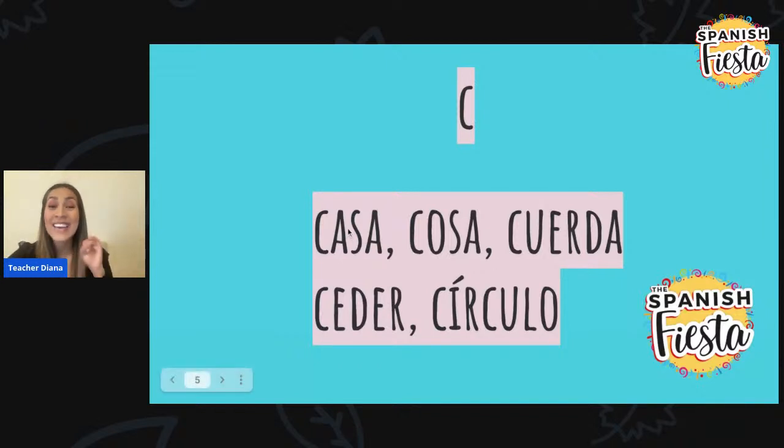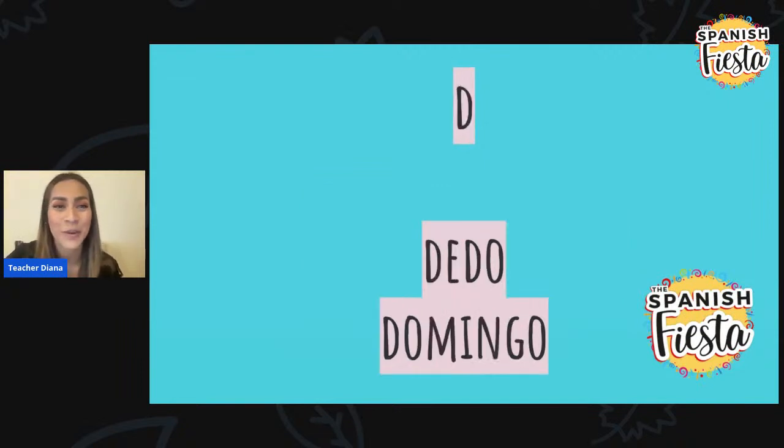So we have casa, cosa, cuerda, okay? Casa, house, cosa, thing, cuerda, it could be string or it could be rope, okay? Ceder, aquí suena like an S. Ceder, círculo. All right. So ceder, it can be give in or yield. And círculo, circle.